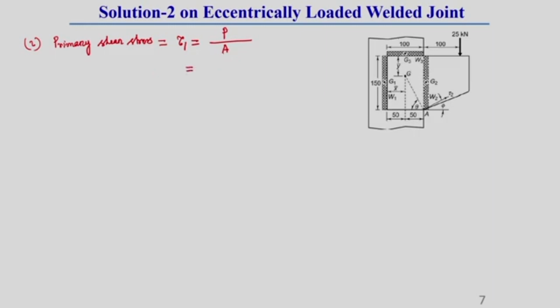P is known to us: here P is 25 kilonewton, so 25 into 1000 in Newton.